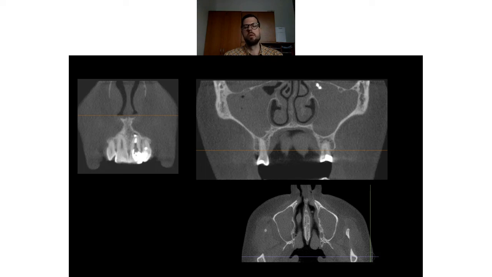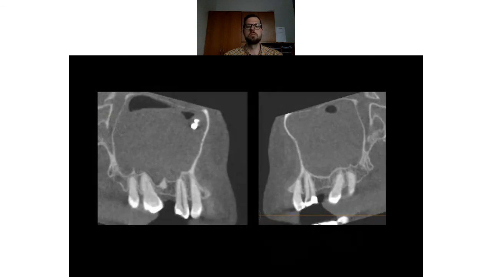So we had to do this to discover such a thing. So look at these sagittal views. We see that in the past maybe some endo was done, and then the second premolars were extracted. Maybe there was a perforation in the antrum. We don't know, but this was the result.